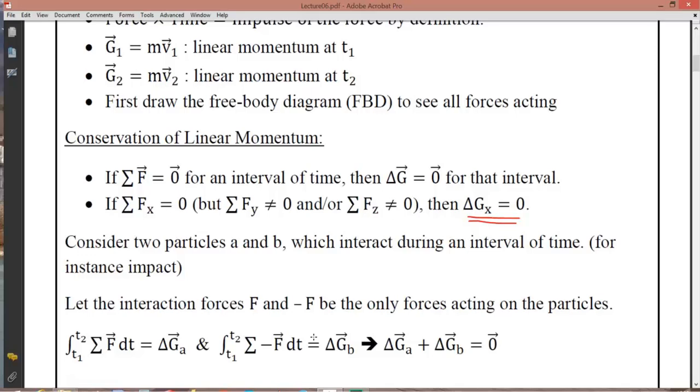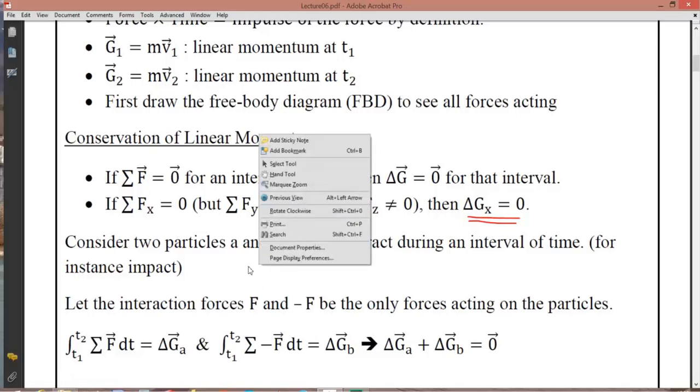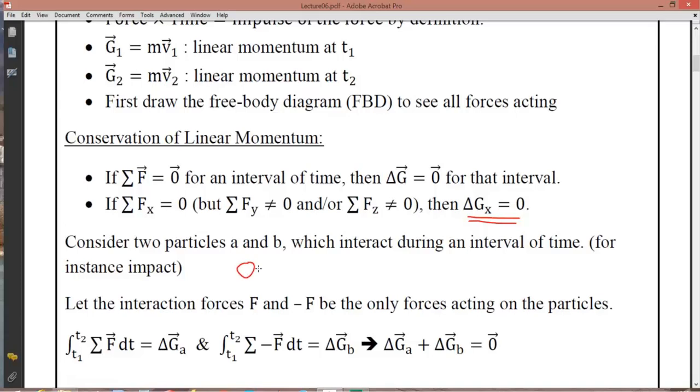Now, again, basing our discussions on Newton's laws, action and reaction, if we have two particles, A and B, which interact physically, so they collide during an interval of time, and this is an impact case, in this case, if there's an F force acting on particle A, because of the impact, there is an F force acting on this particle, and these are separate free body diagrams.